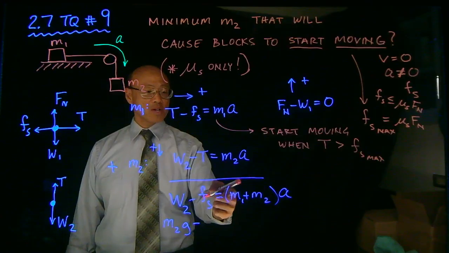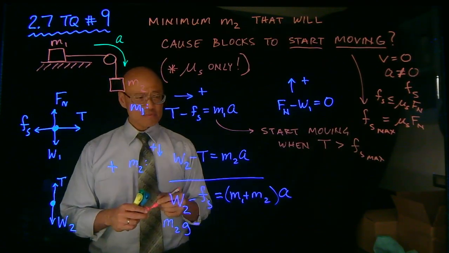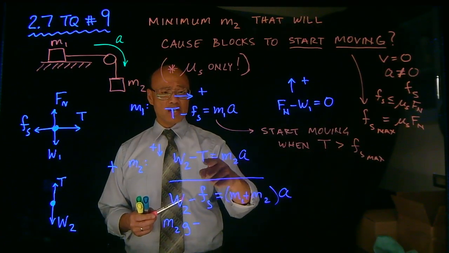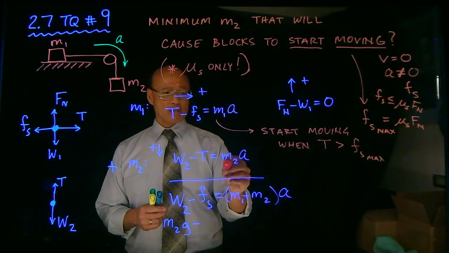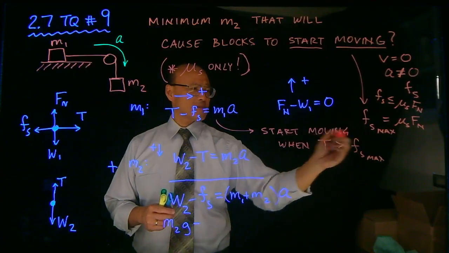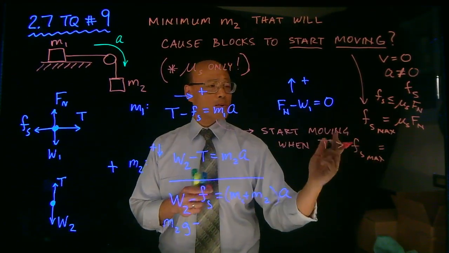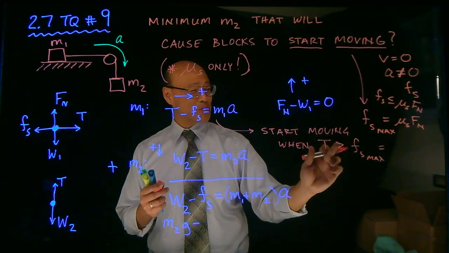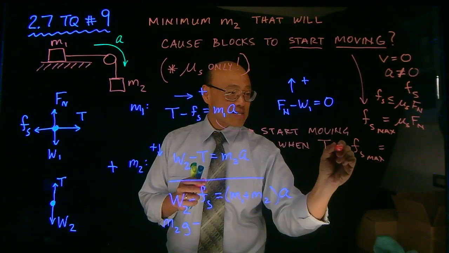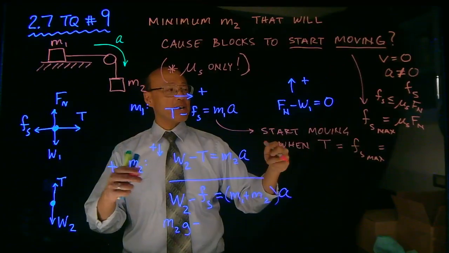The tension force on 1 is all this, right? M1 plus M2 times A. And actually at this threshold point, I wonder if that's basically enough. Because if it just starts to move, I just need the tension force to be greater than Fs max, or it's at that tipping point, right? So when the tension is equal to Fs max, you know that the minimum M2 is anything more than that.